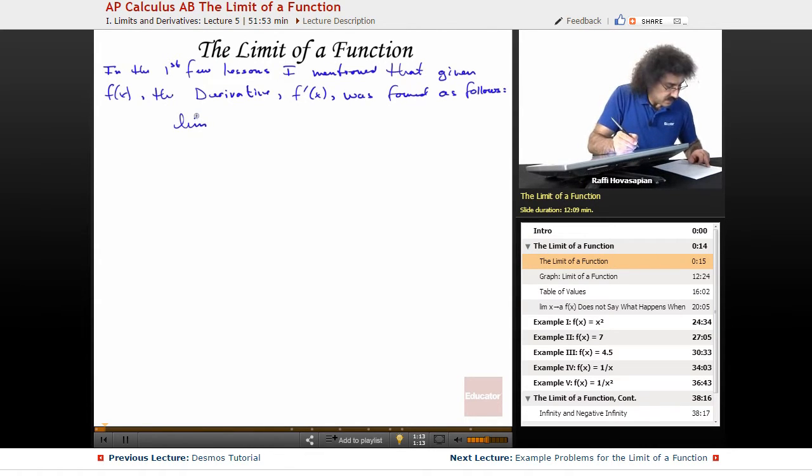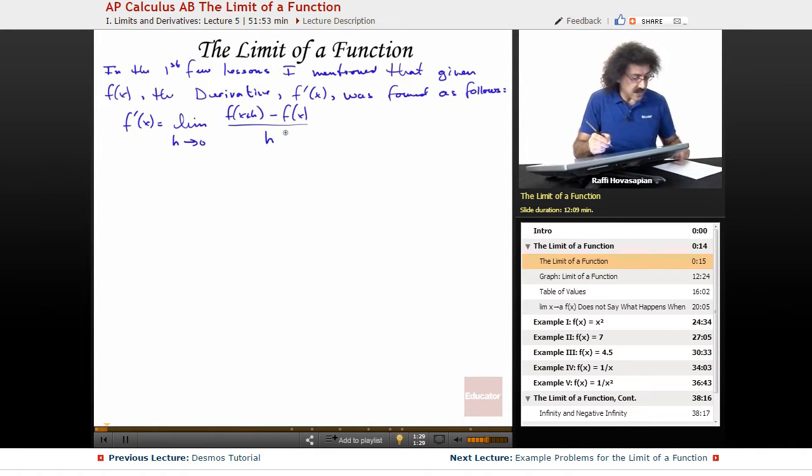We took the limit as h approaches 0 of the quotient f of x plus h minus f of x over h.